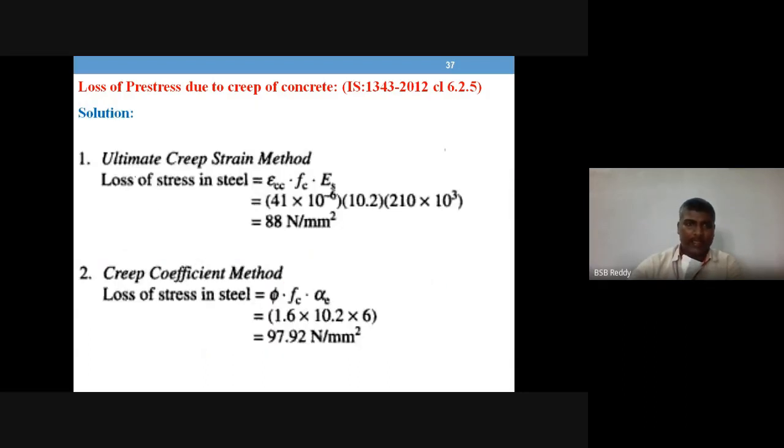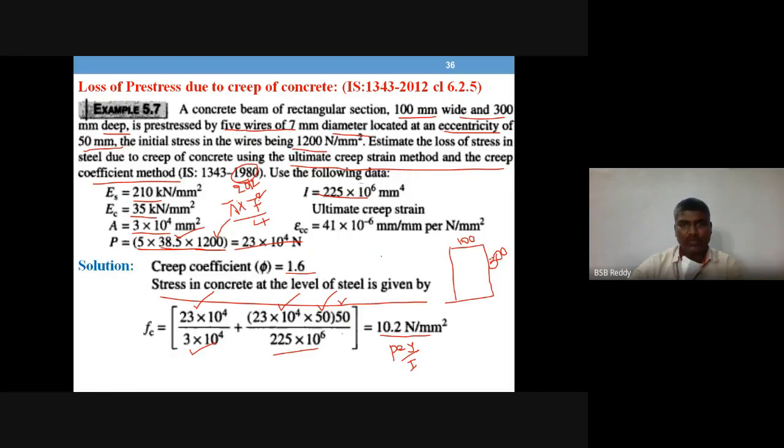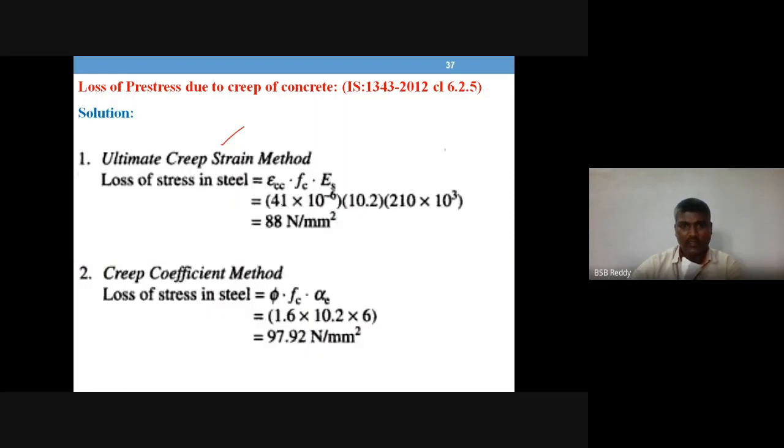Now the first method, the ultimate creep strain method. The ultimate creep strain is 41 into 10 power minus 6, given. You take fc from the calculation, the stress in concrete at the level of steel, and Young's modulus of steel, and that will be 88 Newton per mm square.